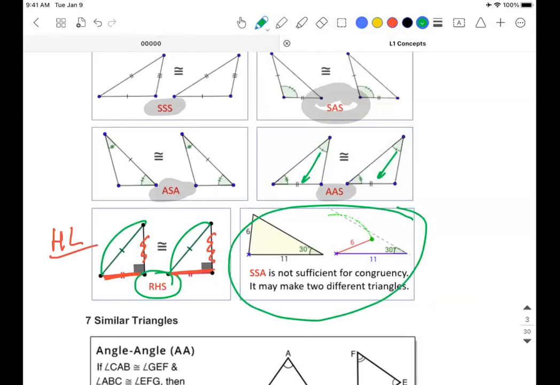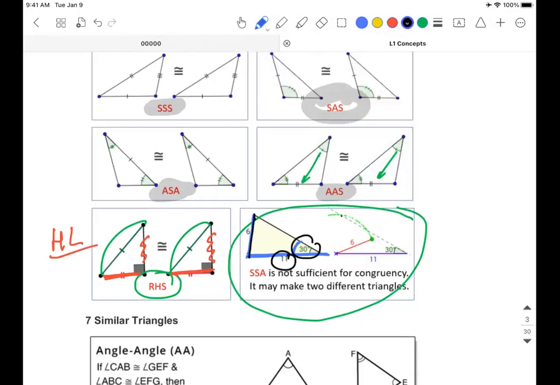So in our case, let's say this is 6, this is 11, right? And this is the angle 30. Because in order to make sure you have 11 here, 30 here, 6 here, you might be able to create two triangles. They both have the 6 as the third side.